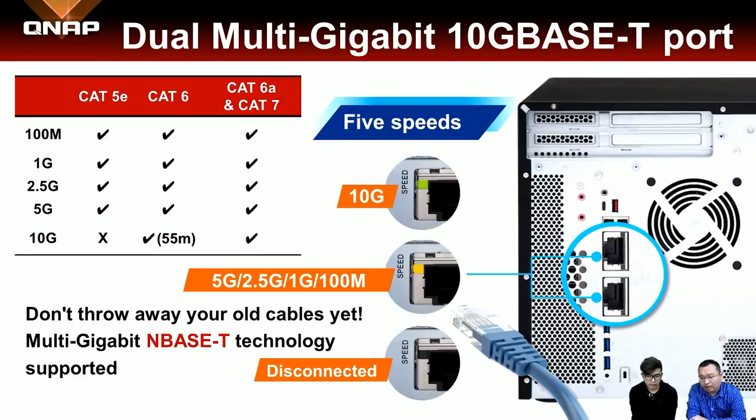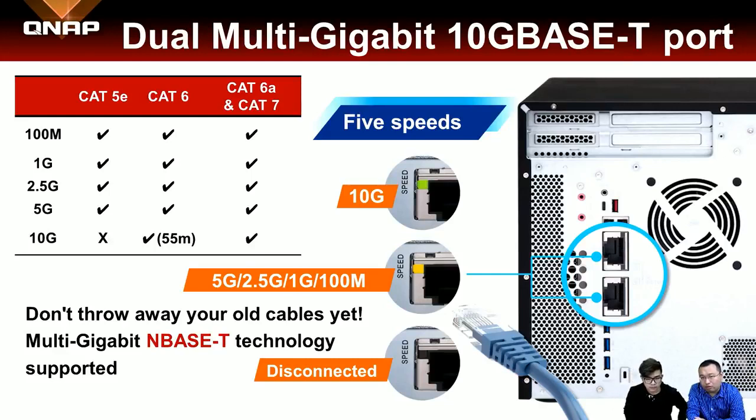Okay. Yeah, and then if you look at the cable support, you may be surprised that the existing wiring infrastructure in your offices or even your homes may already support more than 1G speed. You don't actually have to overhaul your wiring infrastructure and can instantly upgrade to 2.5G and 5G.